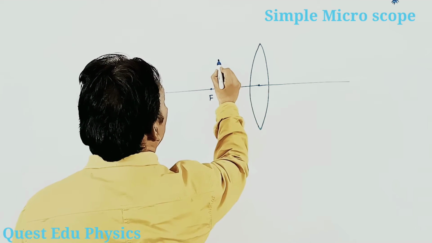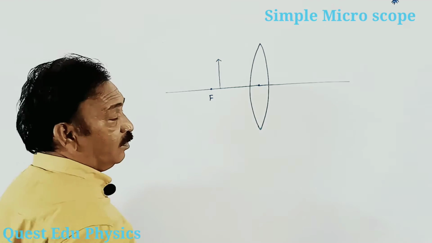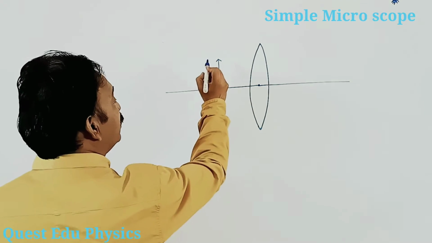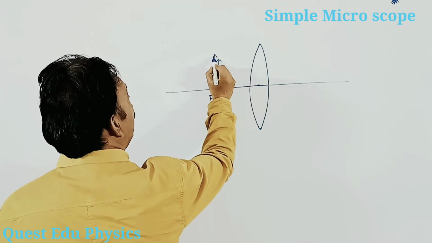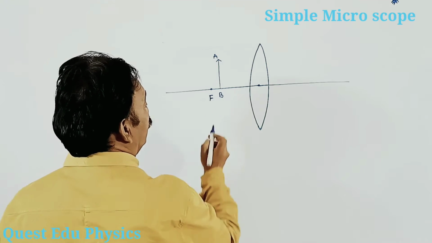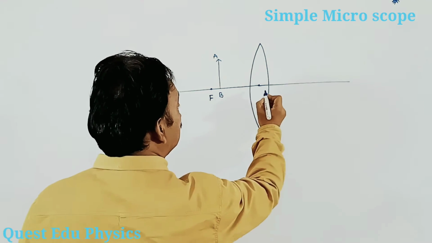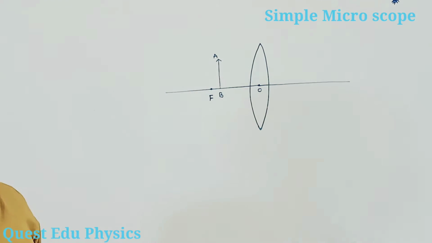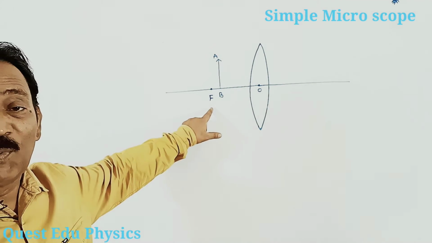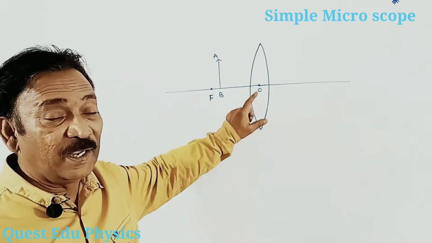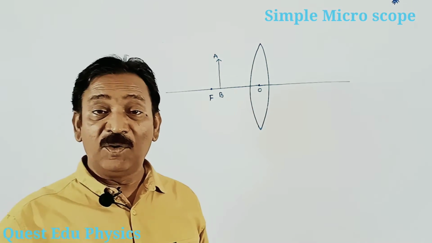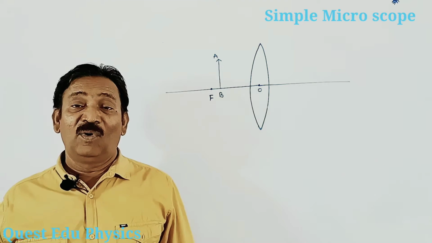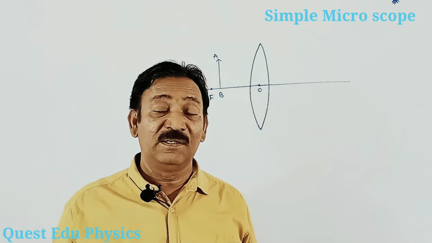One which has measurable dimensions. We named it A, B. We kept this extended object in between the optic center and the principal focus of this biconvex lens.